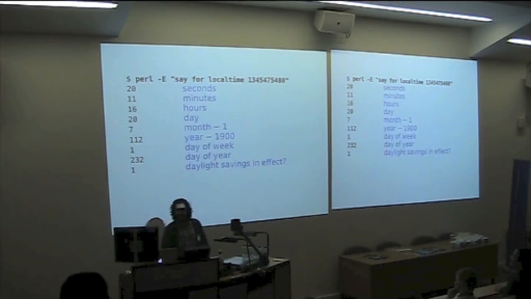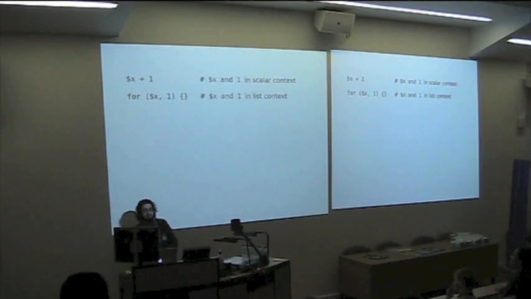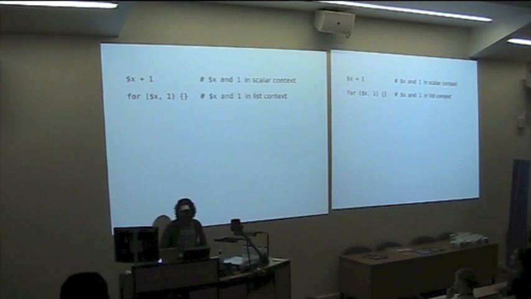Each operation in your program can impose either scalar or list context on its arguments, and the Perl runtime keeps track of whether a scalar or a list is required, and it makes that information available to the operation itself. So, for example, ordinary arithmetic operators impose scalar context on their arguments, and the for loop imposes list context on the list it iterates over, kind of unsurprisingly.